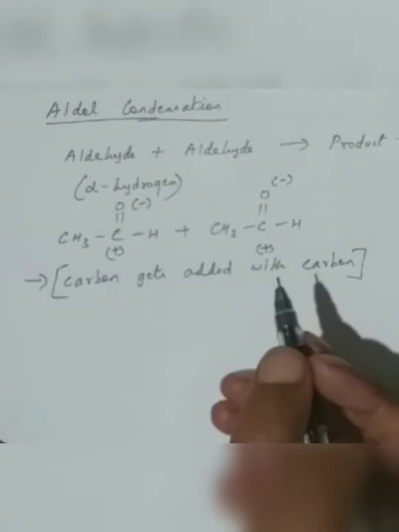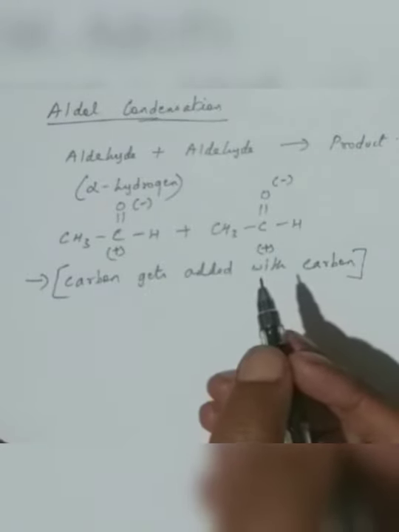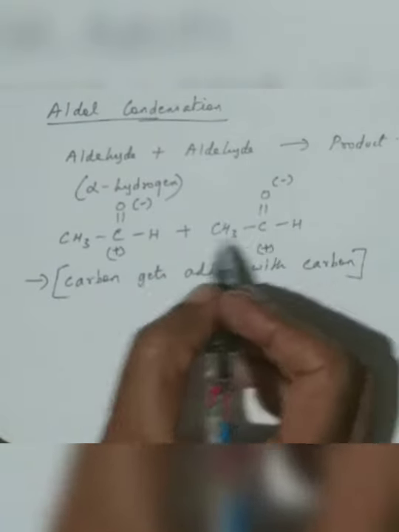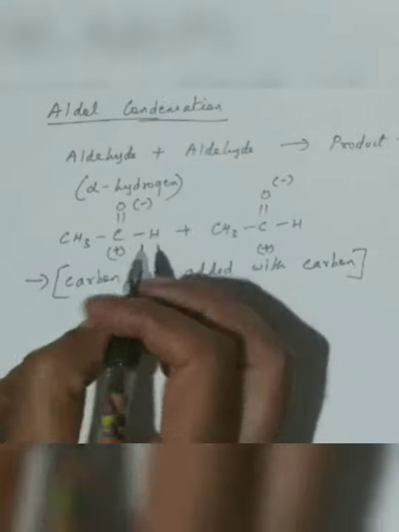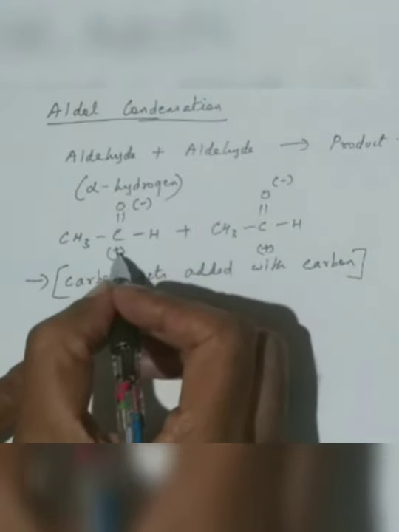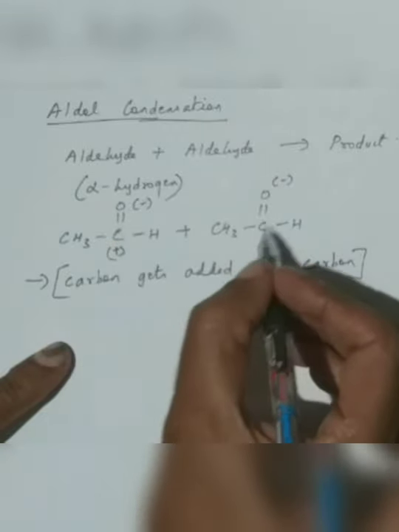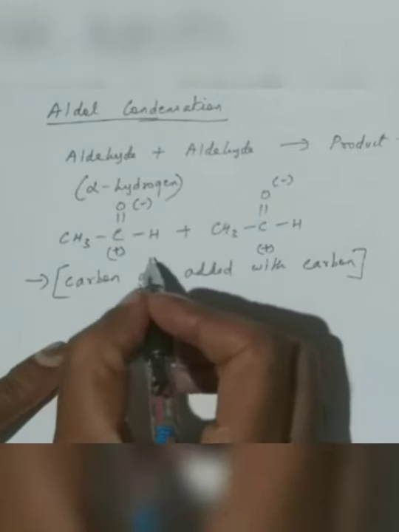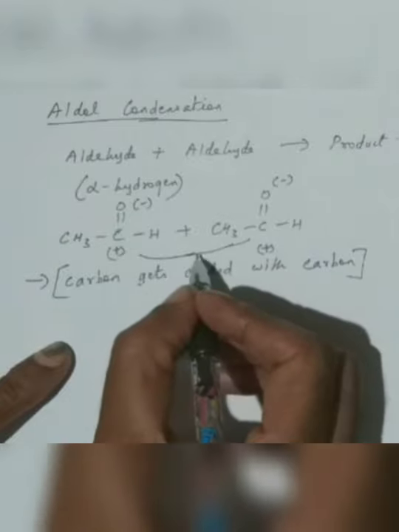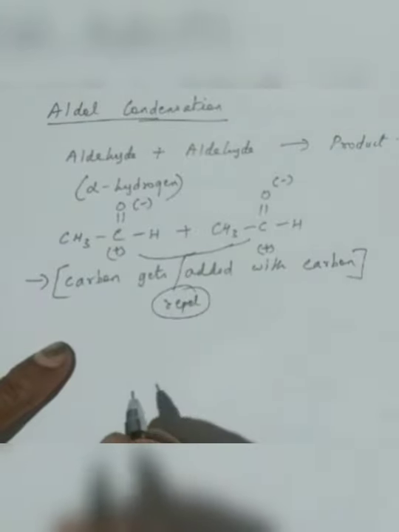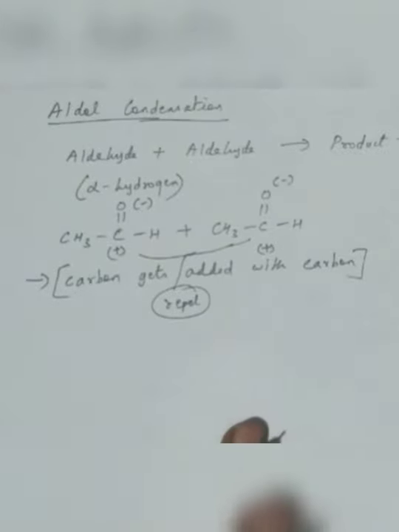They have to repel. We can't directly add this carbon and this carbon, because, as I told you, because of the electronegativity, carbon has a positive sign and oxygen a negative. The same thing happens here. So, I can't add carbon and carbon. It will repel. So, we have to make some adjustments here.